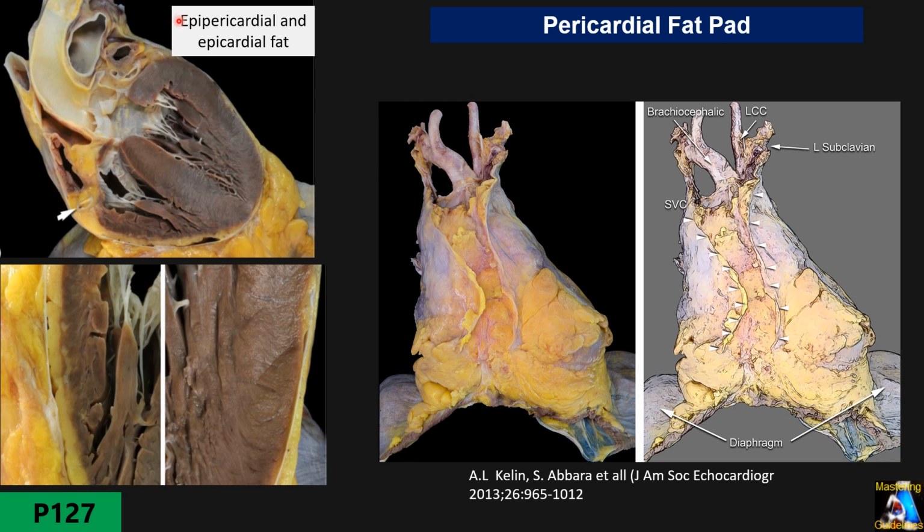Here around the base of the heart, between the connection of the atrium and ventricle, the atrioventricular groove, and the anterior and inferior interventricular grooves. The epicardial fat pad is supplied with blood by the coronary artery, but the epipericardial fat pad is supplied by mediastinal vessels, the phrenic, and so on.